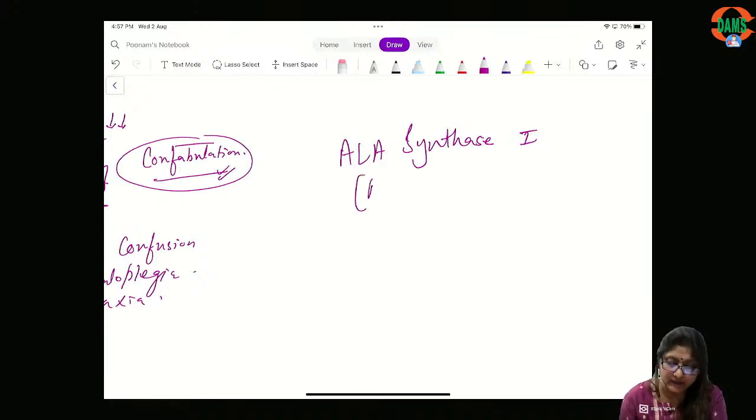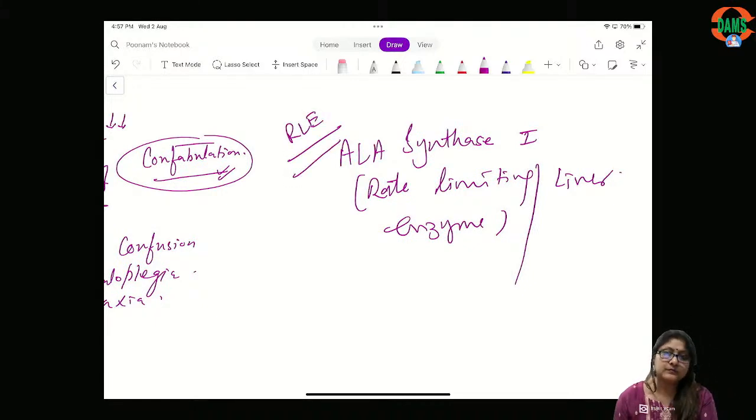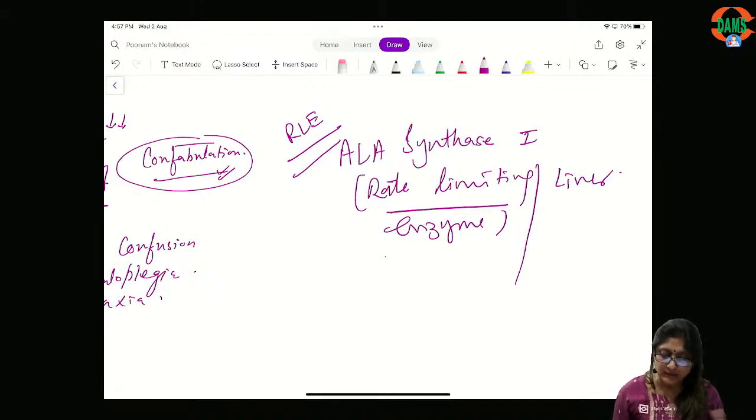And this is the rate limiting enzyme of heme synthesis found in liver, right? And ALA synthase 2 is there in the bone marrow, and that doesn't act as a rate limiting enzyme, mind it. So ALA synthase 1 is going to be the rate limiting enzyme of heme biosynthesis.